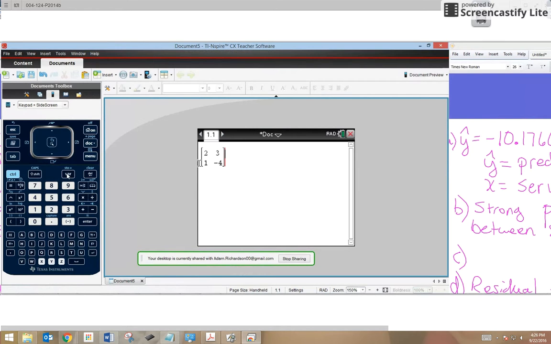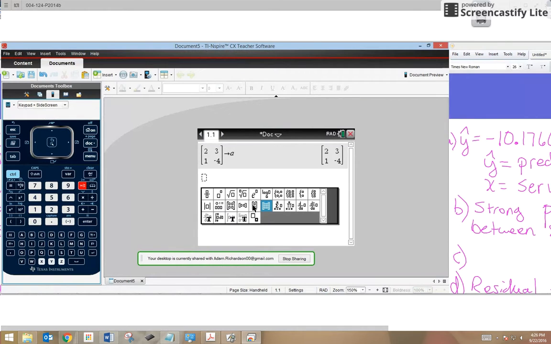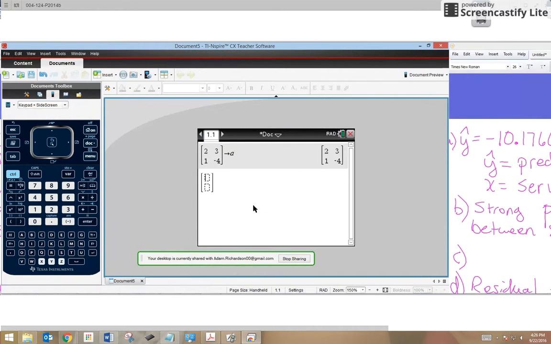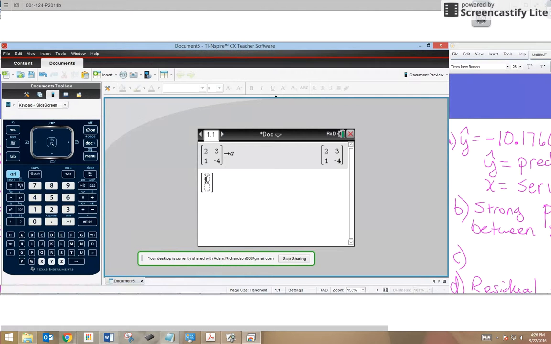Store is right above this variable key here, so I'm going to hit Control Store, and I'm just going to save that in A. Then I'm going to create a 2 by 1 matrix here for the two values that these equations are equal to. That's the 7 and the -2. Plug those in here, and I'm going to store that one as B.